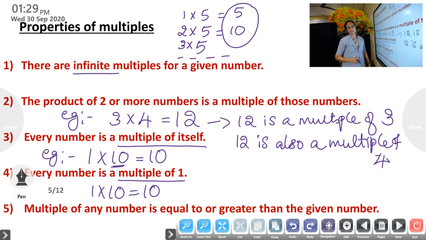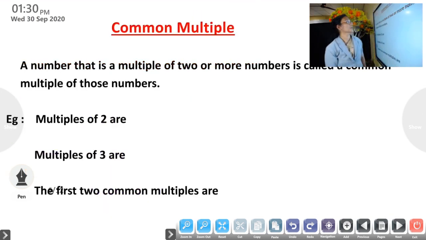Then every number is a multiple of itself. 1 into 10 equals 10 means this product 10 is a multiple of 1 and the product 10 is a multiple of 10 itself. Then a multiple is always equal to or greater than the given number. Okay. Next one, common multiple.